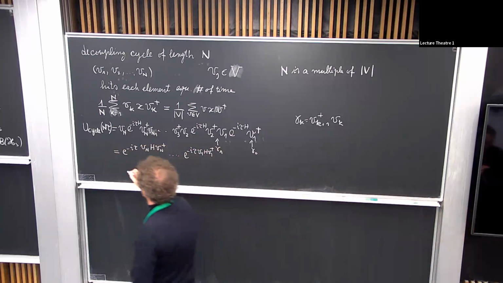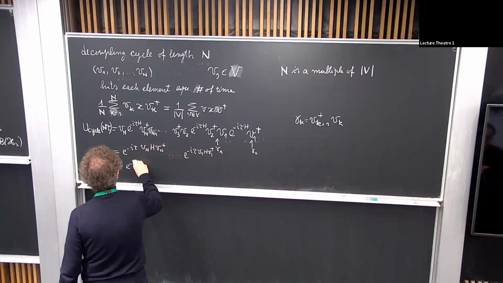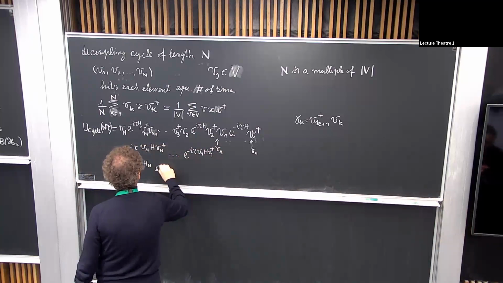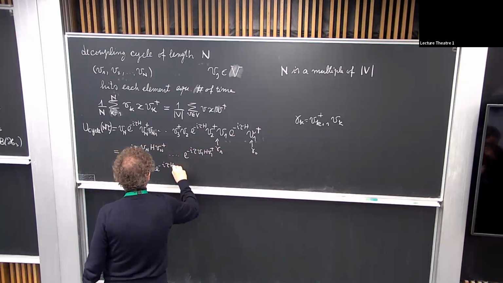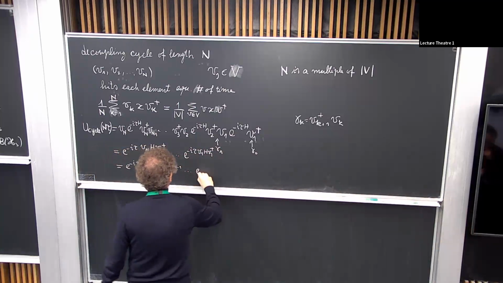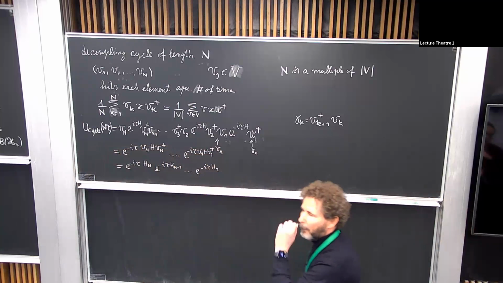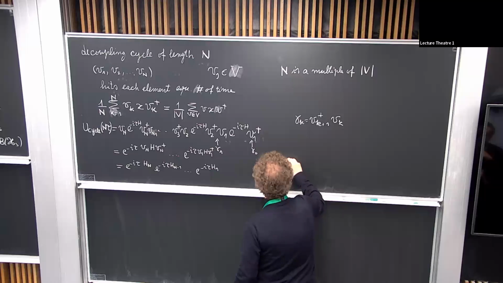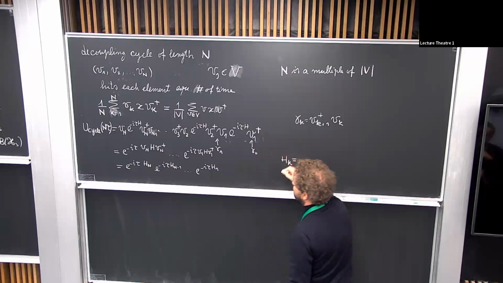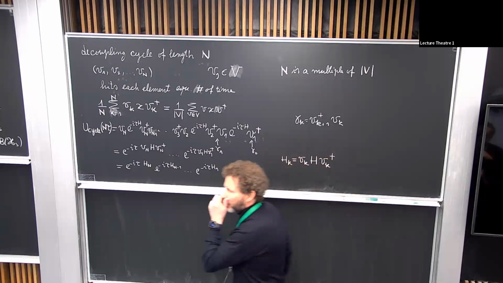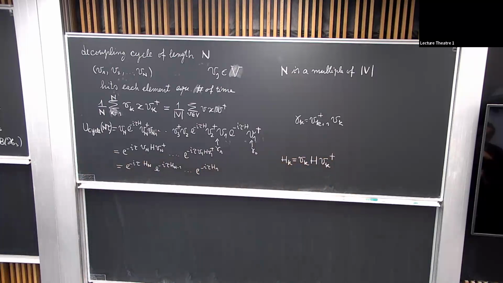Essentially, this is nothing but e to the minus i tau H_n up to e to the minus i tau H_1, where H_k is just a rotation of H. This is what we get.